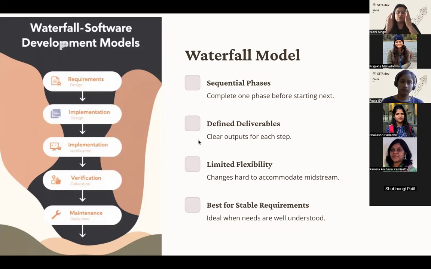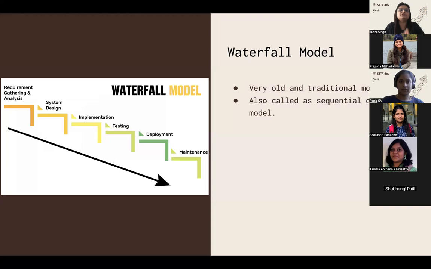I just want to tell you that the waterfall model is like a waterfall, where water is flowing from up to down. This is what is happening in this model. So these are the phases of this model: requirement gathering, system design, implementation, testing, deployment, and maintenance.